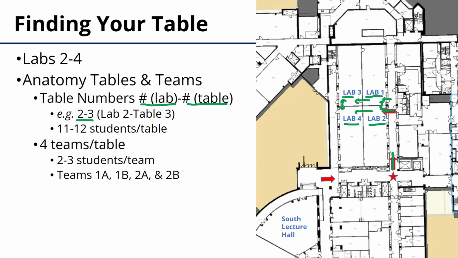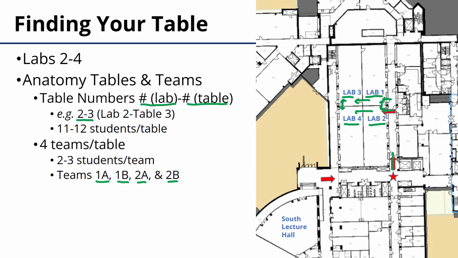There are between 11 and 12 students assigned to each table, but given the nature of how we stagger labs, you're dissecting every other session and then only for half of that session, you will find yourself in a group of 2 to 3 individuals, typically 3 persons per team. So we'll have teams 1A, 1B, 2A, and 2B.